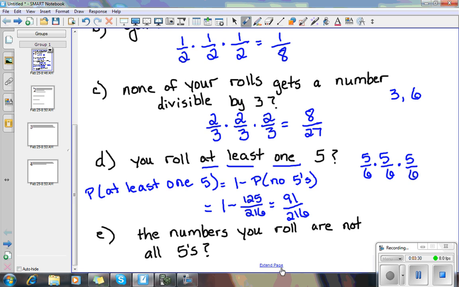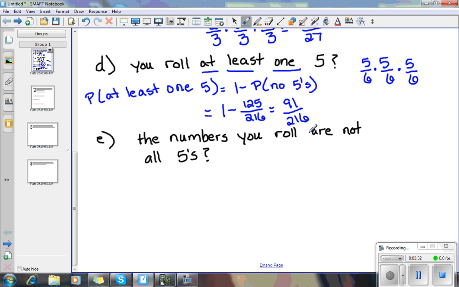And then the last one, the numbers you roll are not all 5s. So let's think about what that means. They're not all 5s, so they can be anything except 3 5s. So we can get any other roll except that. So we want to do 1 minus the probability that we do get 3 5s.